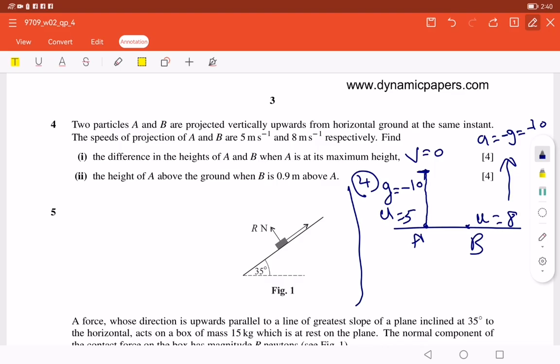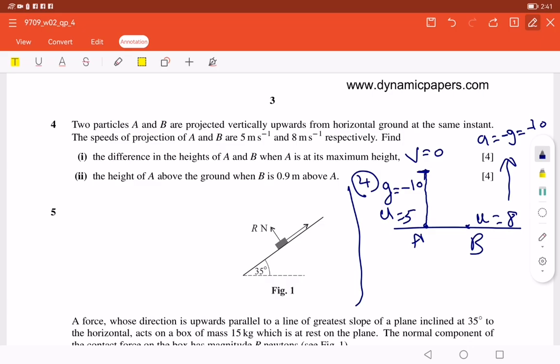So now we can find the distance and the time also. We need to find the height of particle A, and to find the height of particle B at this moment, we need to find the time for A to reach its maximum height.